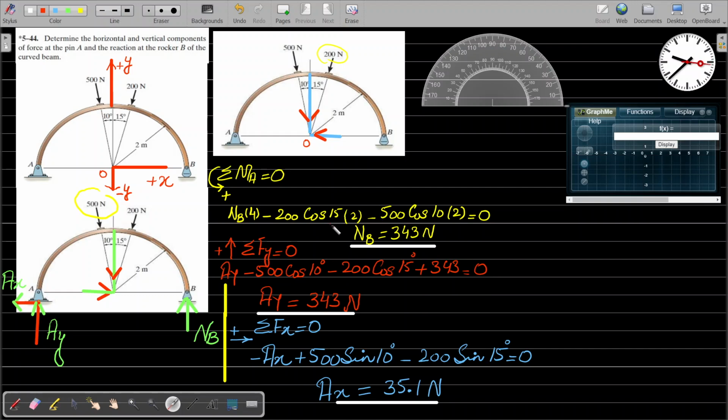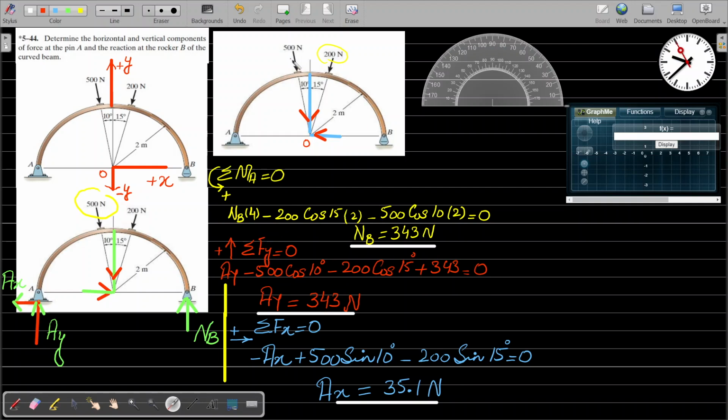What about the other forces? This 200 Newton force will have components 200 cos 15 and 200 sin 15. The sin 15 component has no moment, but the 200 cos 15 component has a moment arm of 2 meters: 200 cos 15 into 2. This force takes the curved beam clockwise, so we put a minus sign.